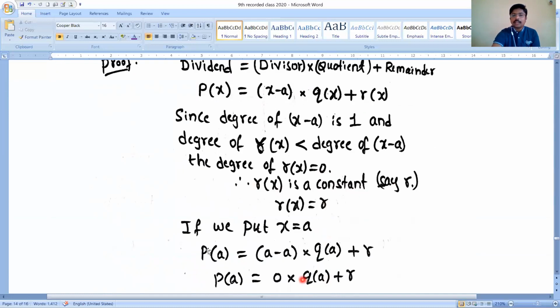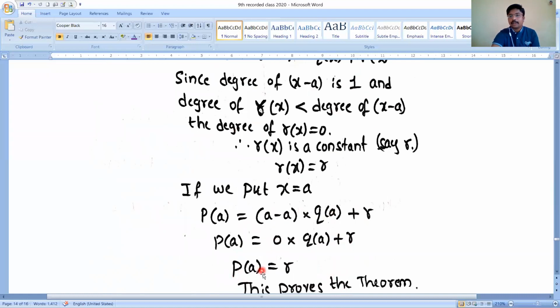If we put x is equal to a, what do we get? p of a is equal to a minus a into q of a plus small r. p of a is equal to 0 into q of a plus r. Therefore, p of a is r. This proves the theorem.